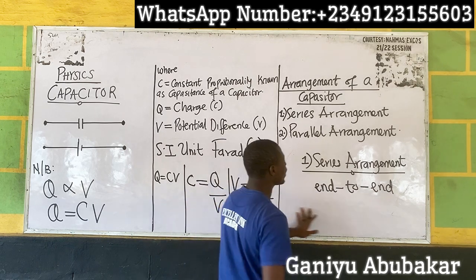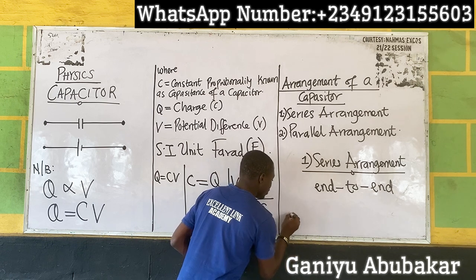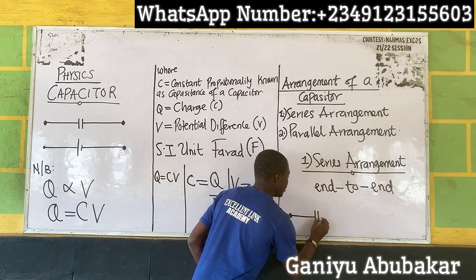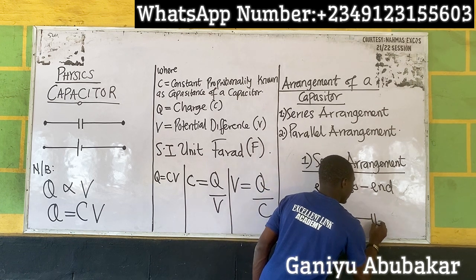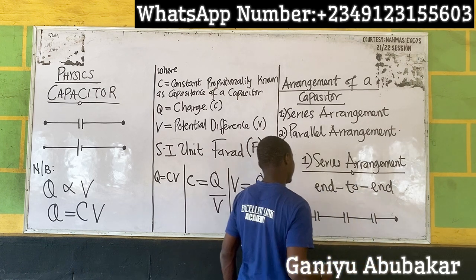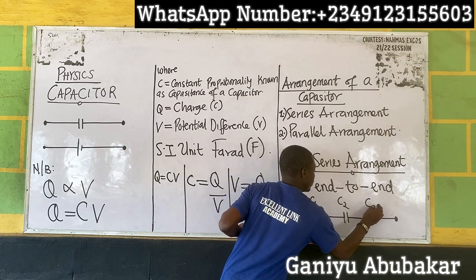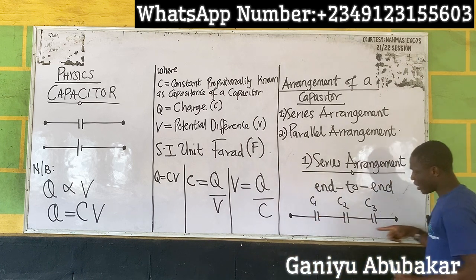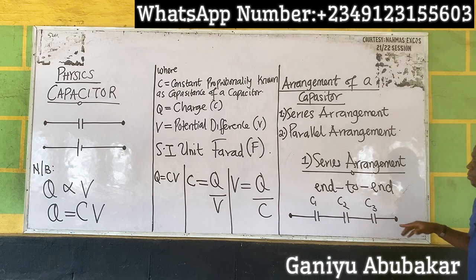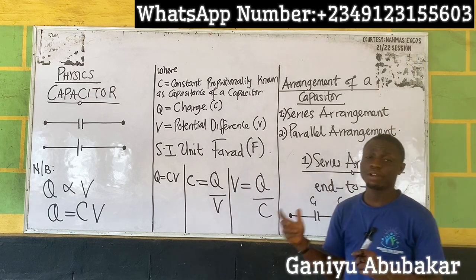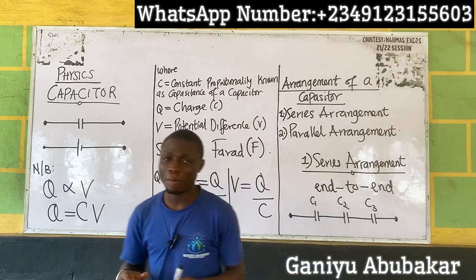Next, the circuit symbol for capacitors arranged in series is given below. So I have C1, C2, C3. This becomes your series arrangement of capacitors as shown below. What will the formula be for capacitors arranged in series?